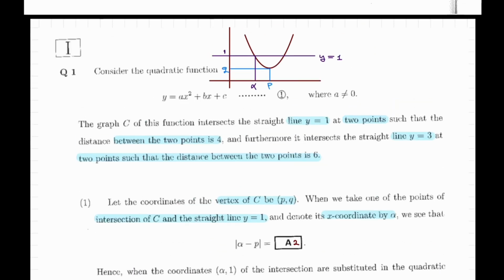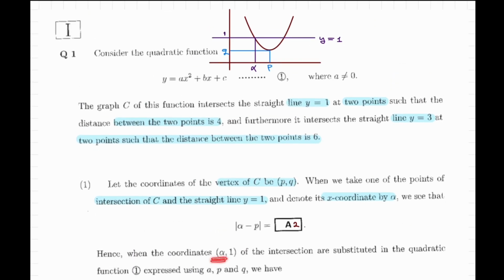So I will substitute alpha, 1 into my quadratic function here. y is equal to 1 and x is equal to alpha. So I will get 1 equals a alpha squared plus b alpha plus c.